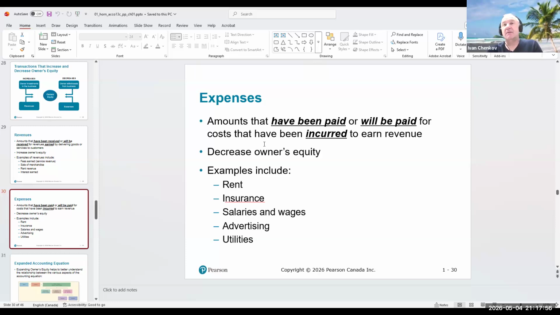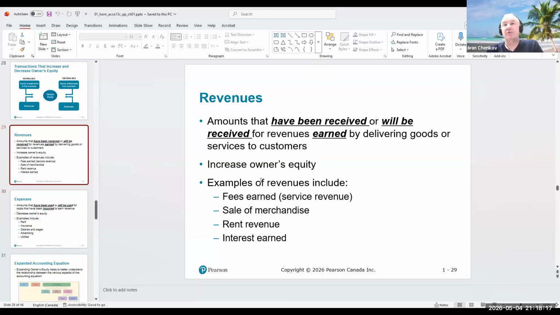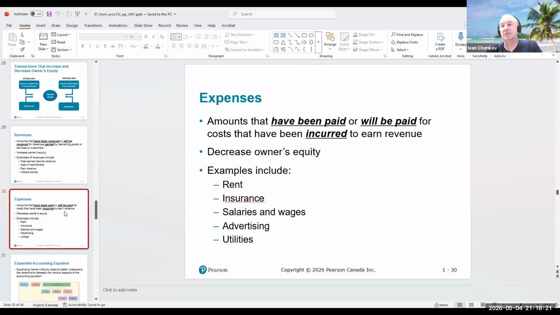The only reason I have expenses in the business is one: to earn more revenue. If the expense is not to earn revenue, then it's not part of the business. Again, the revenue is going to increase the owner's equity, but the expense is going to decrease the owner's equity.